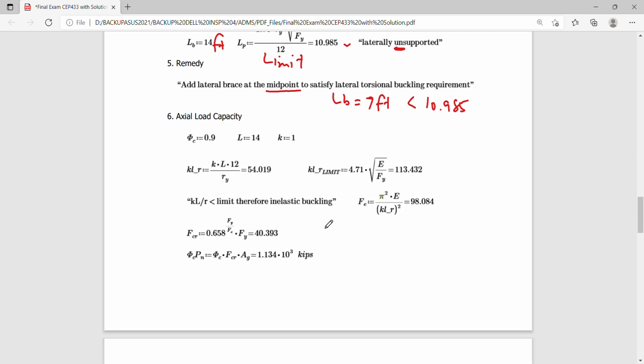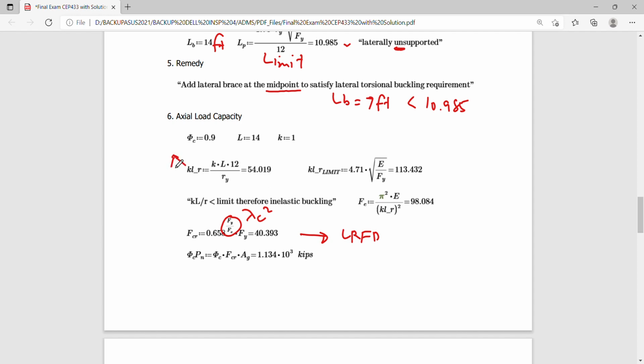Okay, so for the actual load capacity, we now make use of the LRFD formula. Fcr is equal to 0.658 raised to lambda c squared, which is Fy over Fe, times Fy. But first we need to compare the actual slenderness ratio.